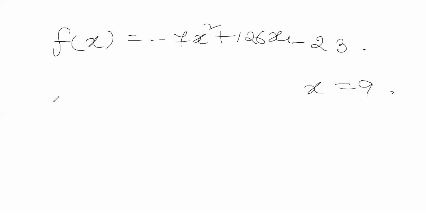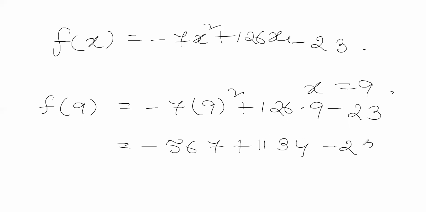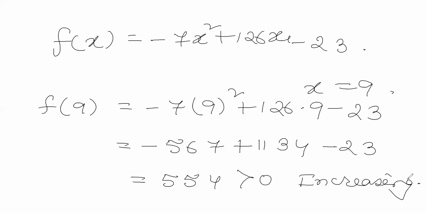So over here, instead of x, if you put 9, you will get minus 7 times 9 squared plus 126 times 9 minus 23, or negative 567 plus 1134 minus 23, which is equal to 554, greater than 0, representing that the function is increasing in nature.